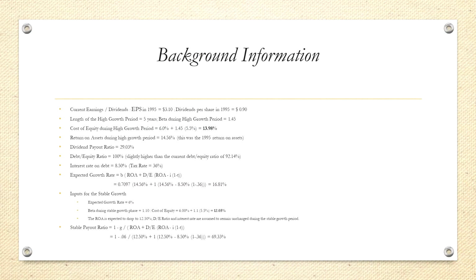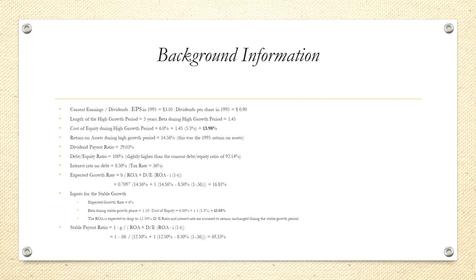Here, when you use the two-stage model in your previous textbook, you might assume that beta, or cost of equity, would be equal, but actually you should use two different costs of equity. During the high growth time period, because the company has a high beta, we should use a high cost of equity.